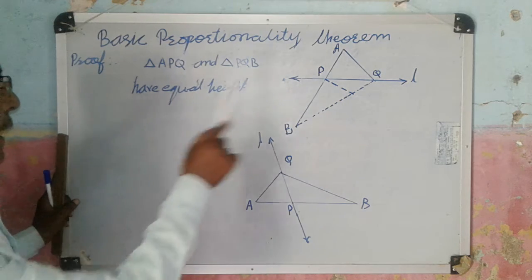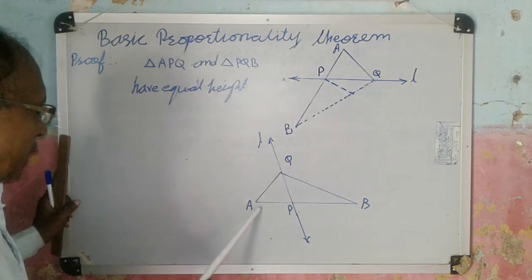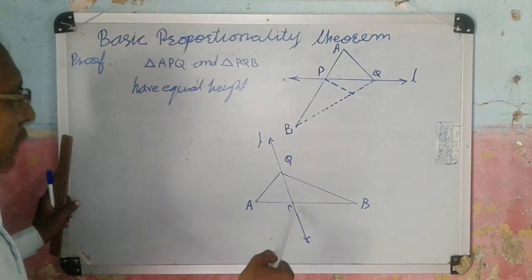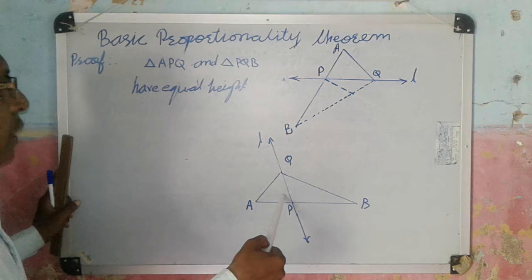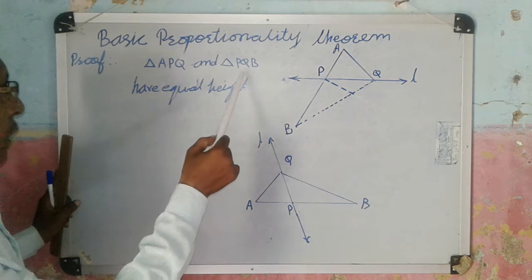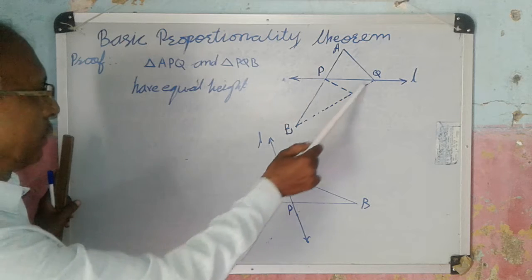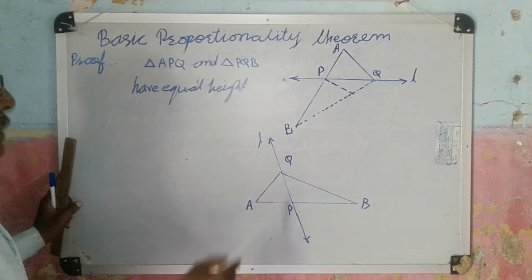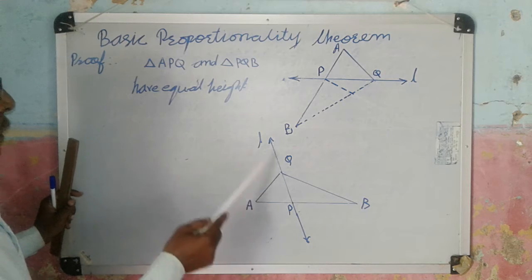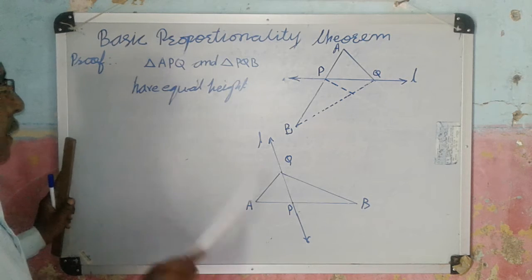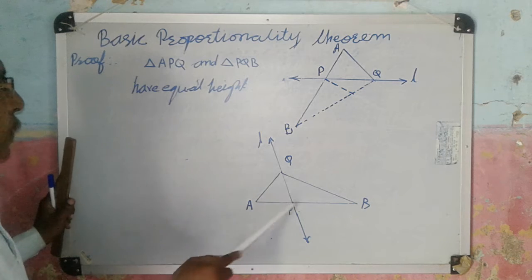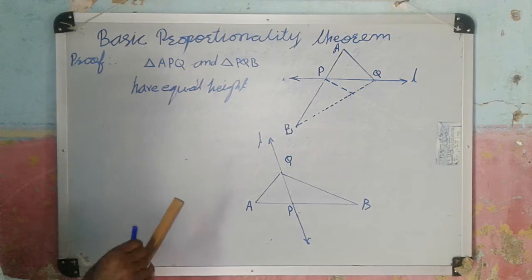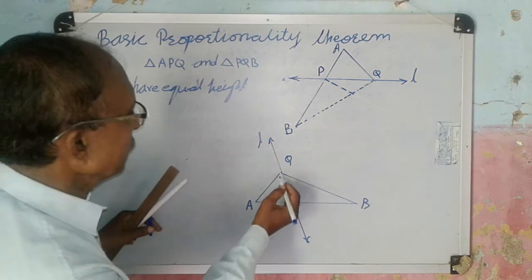Triangle APQ, that means here triangle APQ. After turning this figure, we get this figure. The figure is the same. And triangle PQB. Now see here, in these two triangles, in triangle APQ, the base is AP and its height will be this.